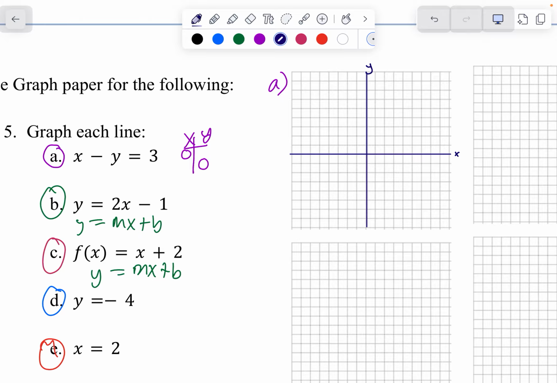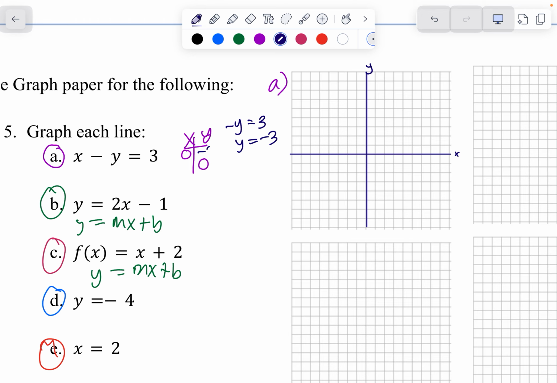If I make the x 0, think about the fact that we wouldn't see the x anymore because it's now 0. We're going to get negative y equals 3. So if the opposite of y is equal to 3, what's y equal to? Negative 3, right? See how it flips that sign?